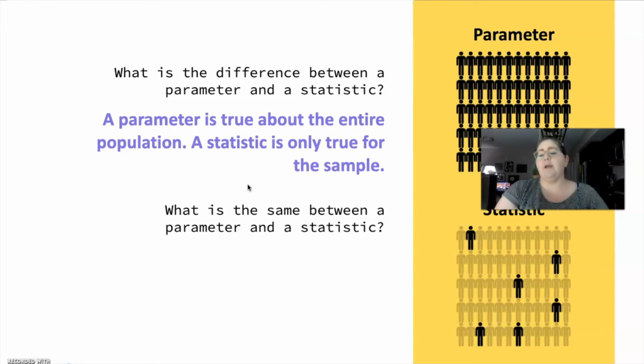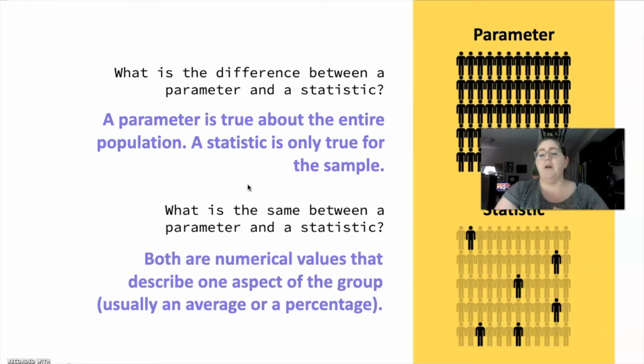What's the same between a parameter and statistic is that both are numerical values that describe one aspect of the group. And usually it's an average or a percentage. So it could be, what is the average GPA for students, right? The parameter would be maybe what's the average GPA for all students at McNeil, whereas the statistic would be maybe the average GPA for this select group of students that I picked, right?